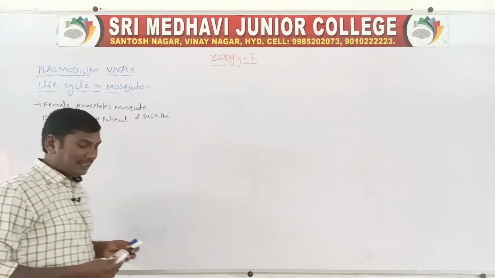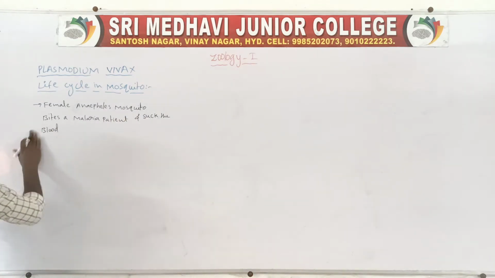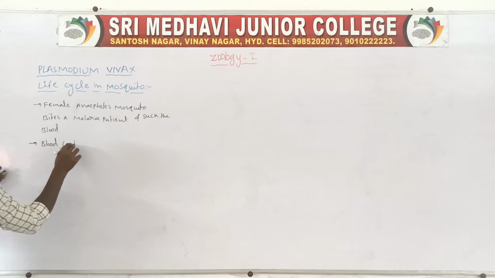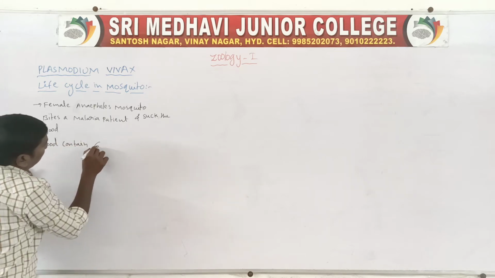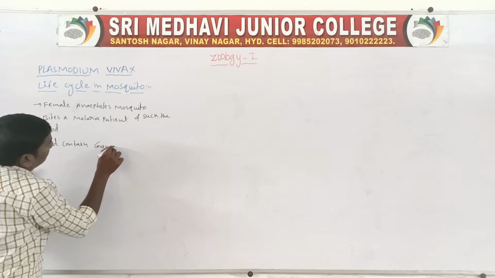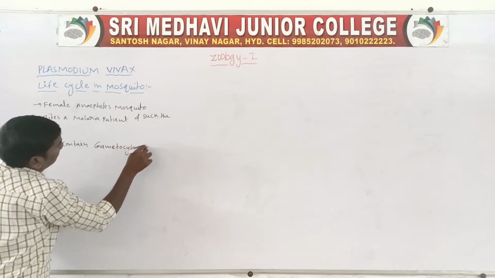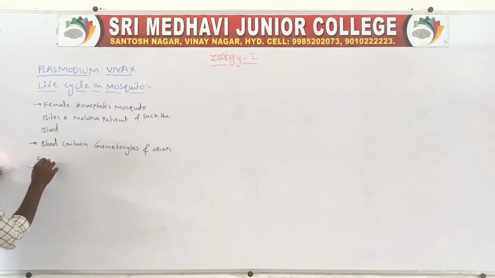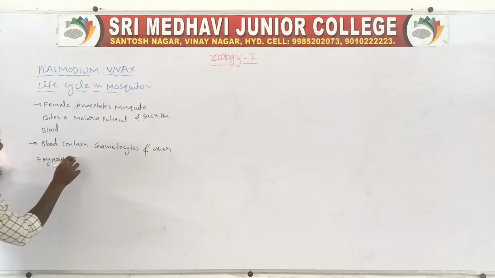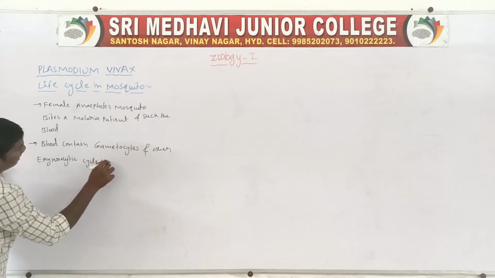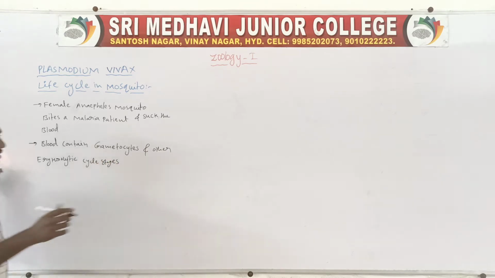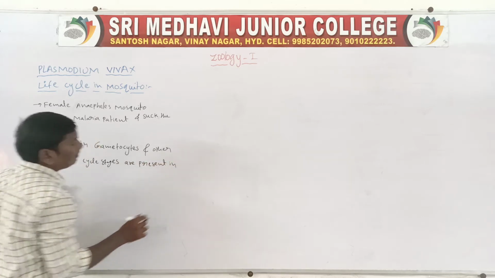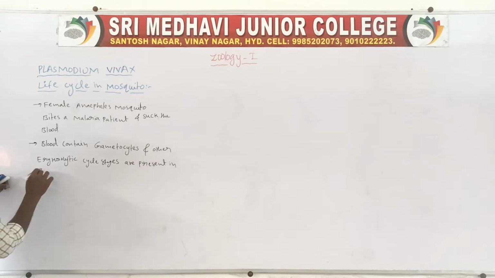This blood contains gametocyte stages and other erythrocytic cycle stages, which are present in the blood of the malaria patient.